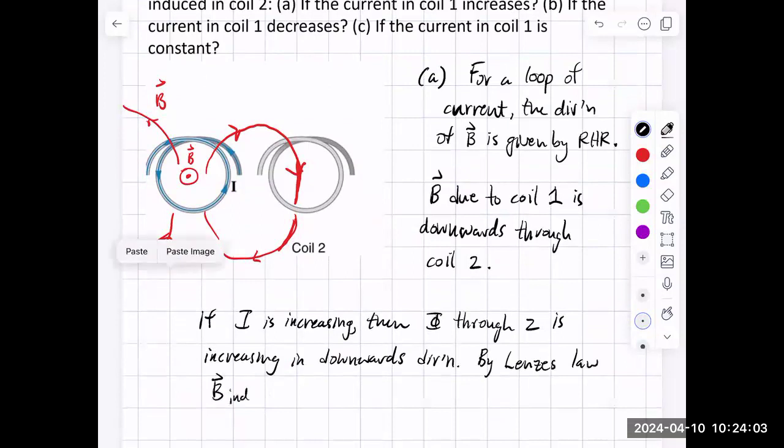B induced in 2 is, so we want to try to maintain the flux that's in coil 2. So imagine we turn on the current, we have some flux in coil 2 that's pointing downwards, and then we start increasing the current in the first coil so that we're increasing the flux in the second coil. Should the induced field be up or down? Up from Zoom, and that's correct.